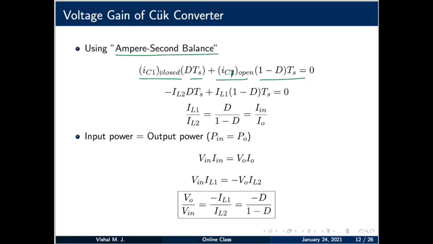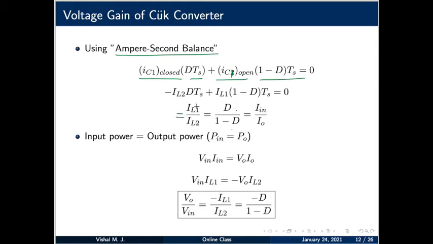So, what is IC1 closed? When the switch is closed, the current through the capacitor is minus IL2. So, minus IL2 dTs plus the capacitor current when the switch is open, which is plus IL1. So, IL1 into 1 minus d Ts. You add them up and equate it to 0, you will get IL1 by IL2 is equal to d by 1 minus d. But what is IL1?